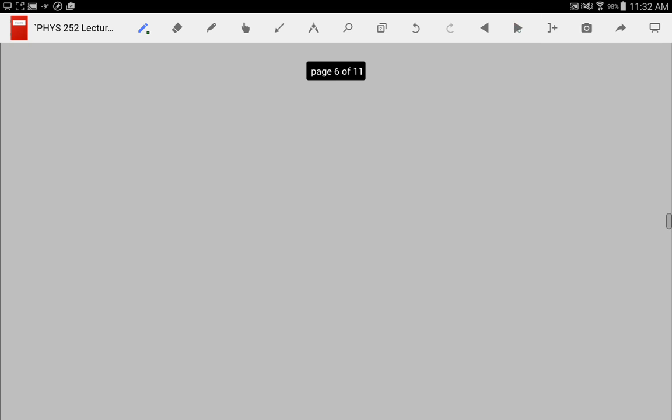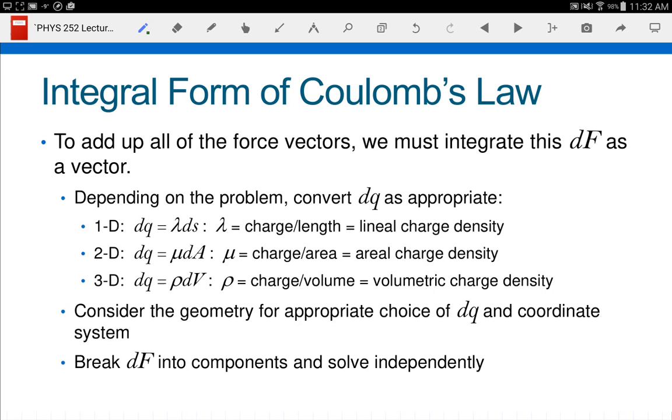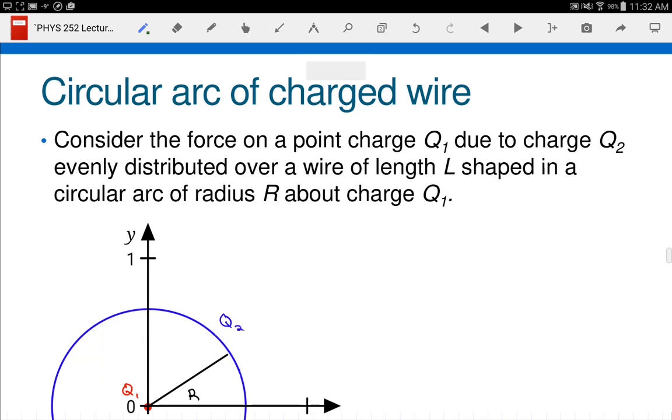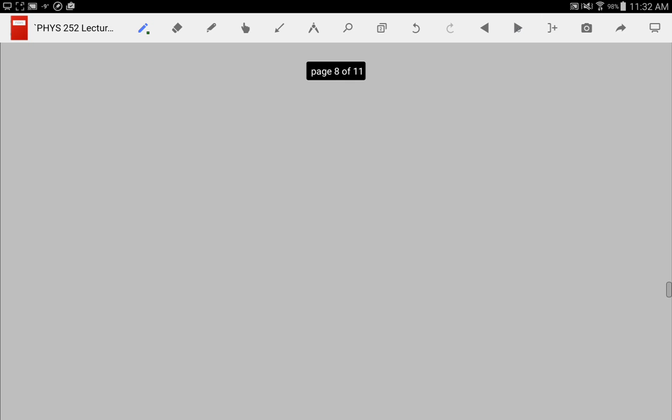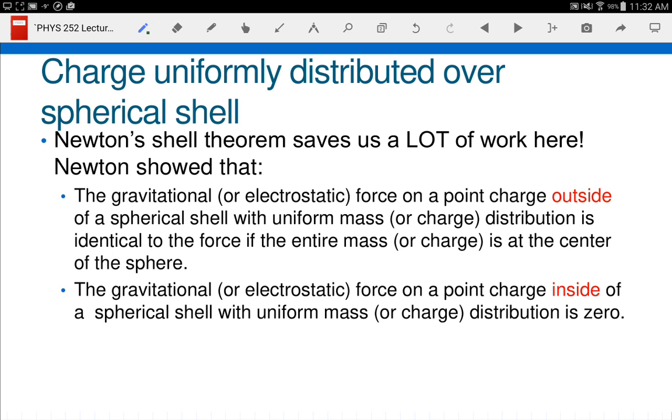Where's Newton's synthesis? I know it's here. I looked at it before class. Okay, here's Newton's synthesis, the next to last slide.